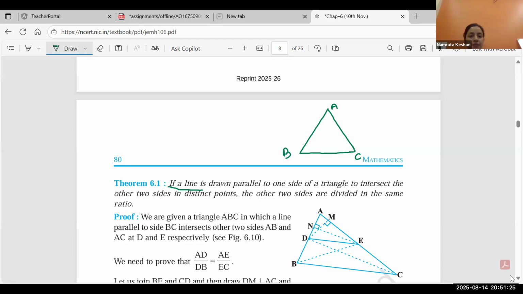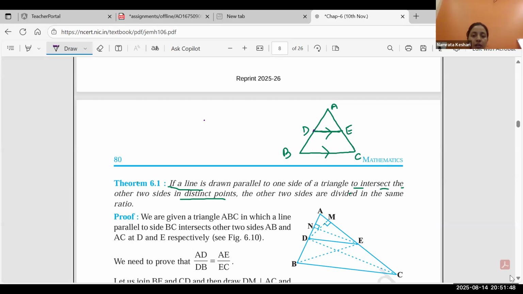If a line is drawn parallel to one side of a triangle, maybe the line looks like this, to intersect the other two sides at distinct points. The other two sides, it is intersecting at two distinct, meaning different, points. Can you see that? Yes, ma'am.